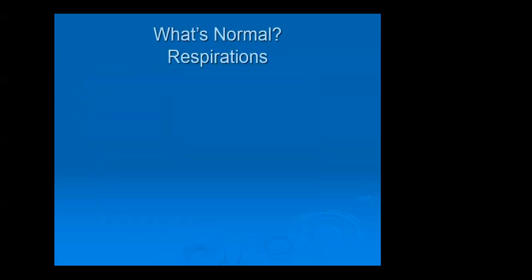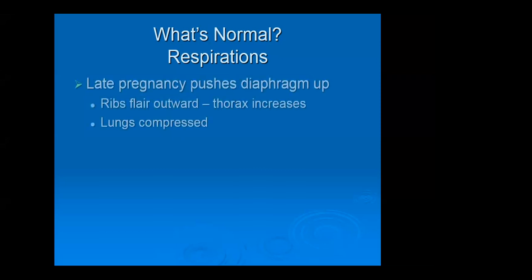So what's normal? We know the body is still going to experience change from the pregnancy. If nothing else, the fetus is going to take up additional space and restrict movement of various organs, including the diaphragm and lungs. So respirations are going to be affected.